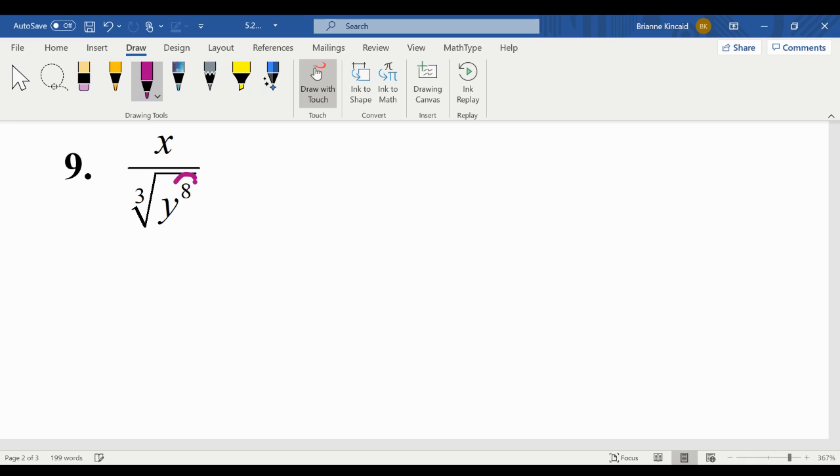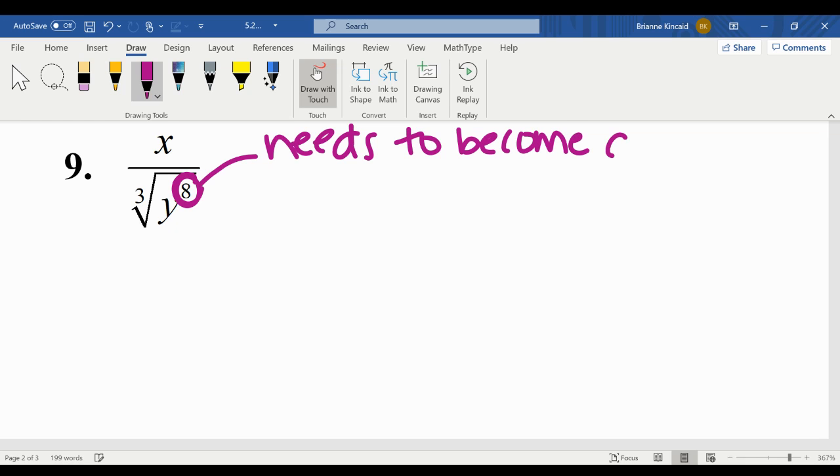Our big thing is that this 8 needs to become a multiple of 3. That power of 8 needs to become a number that is a multiple of 3.